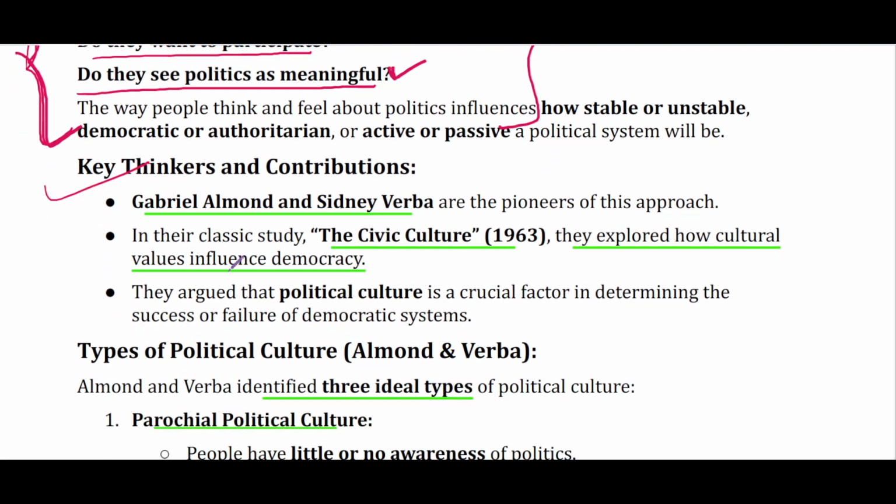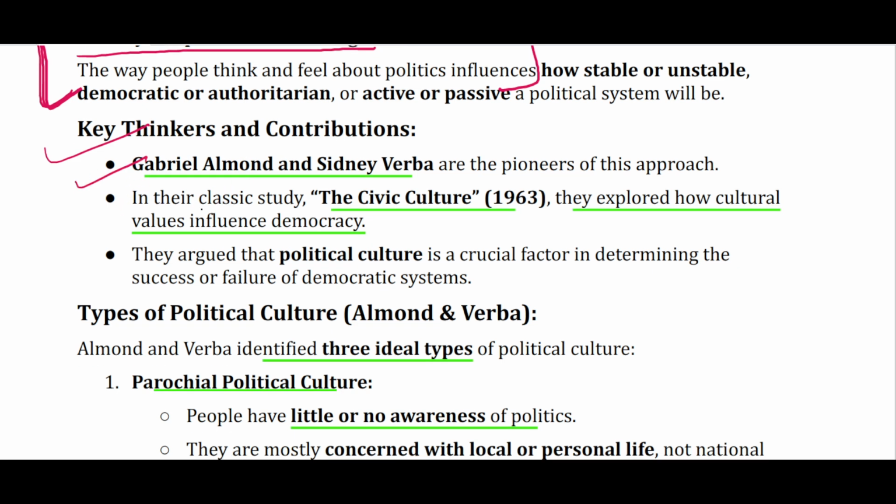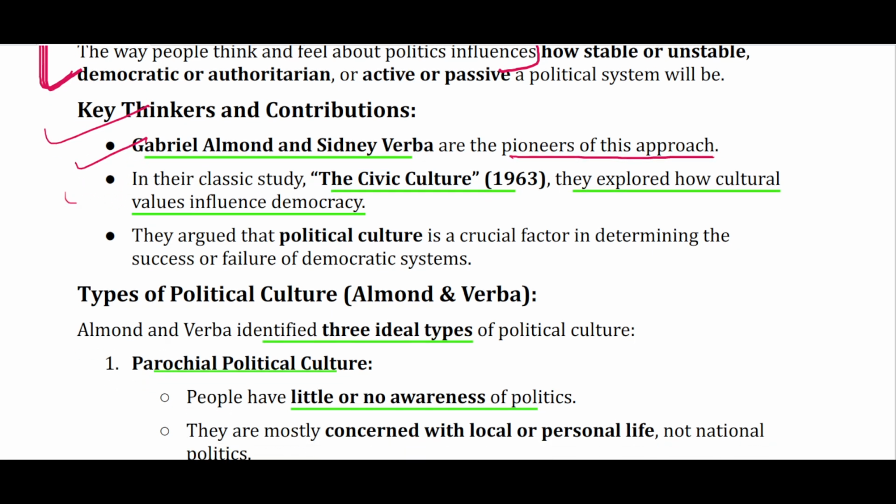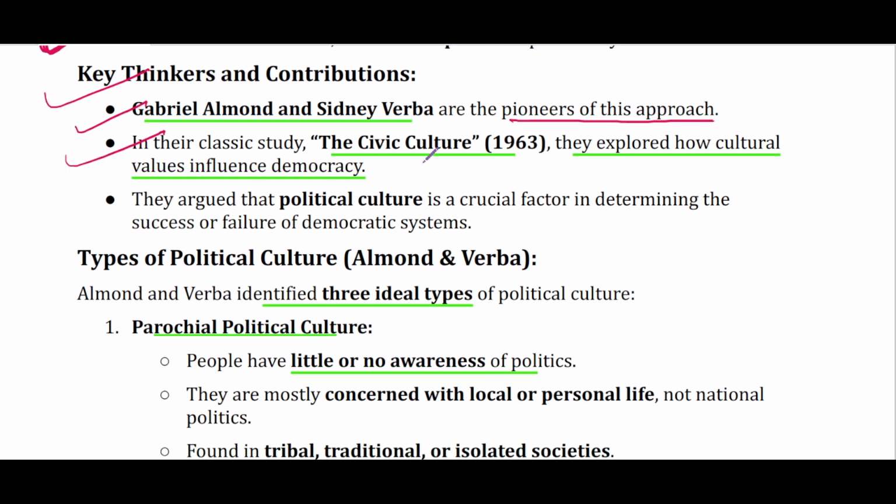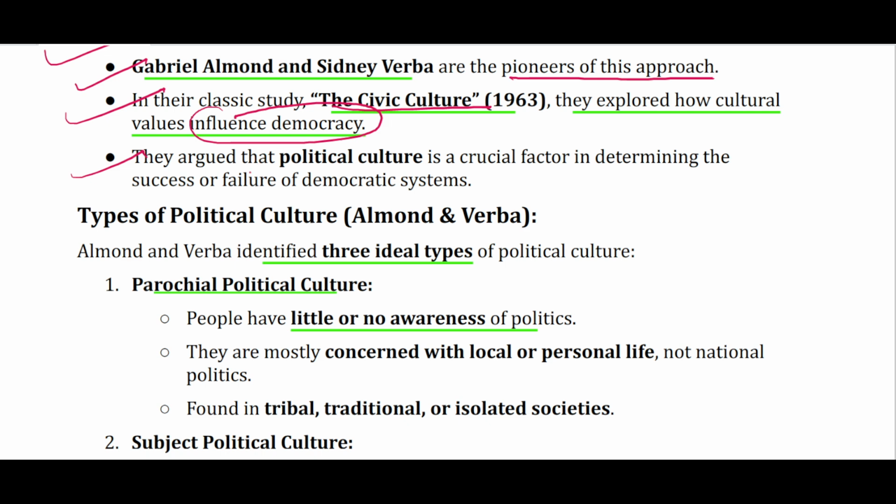Now the key thinkers. Gabriel Almond and Sidney Verba are the pioneers of this approach, and they undertook a classical study, The Civic Culture, in 1963, in which they explored how cultural values influence democracy. They argue that it is the political culture that determines the success or failure of a democratic system.